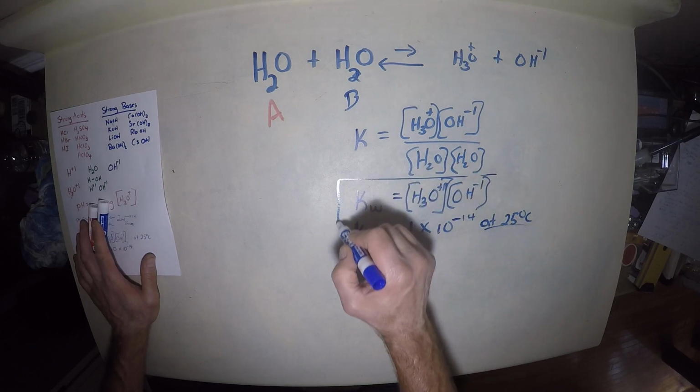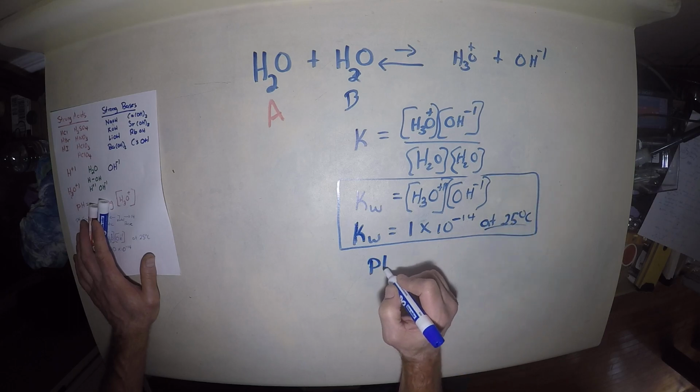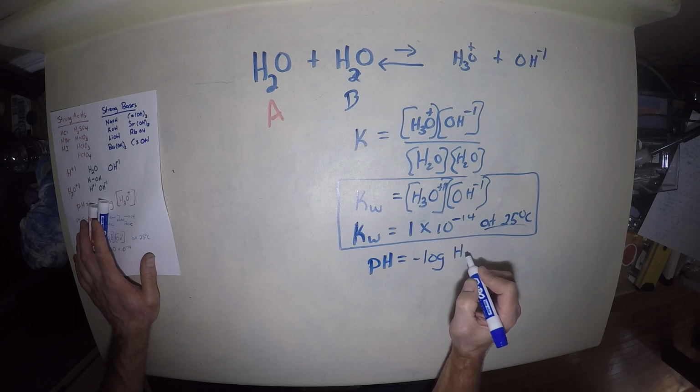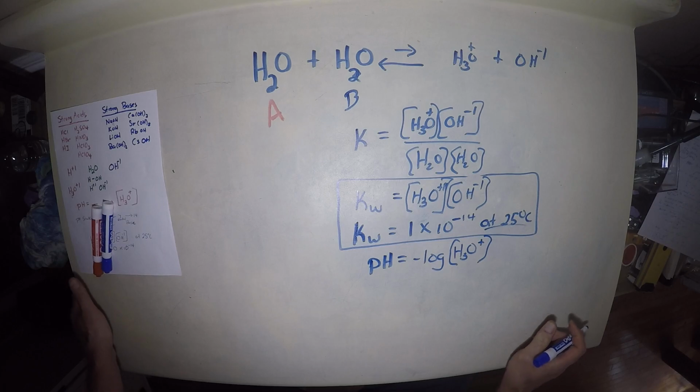So with those two equations and the pH equation, now we're going to be able to relate hydronium and hydroxide to the pH and to each other.